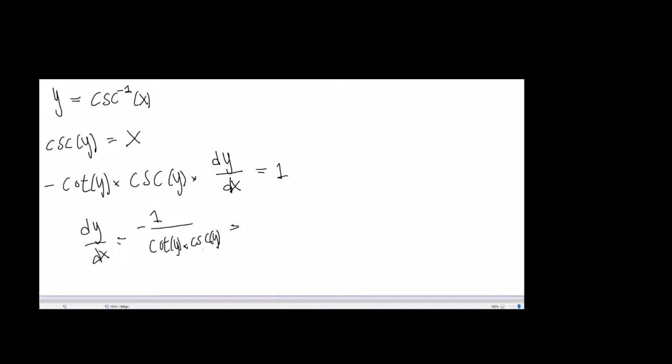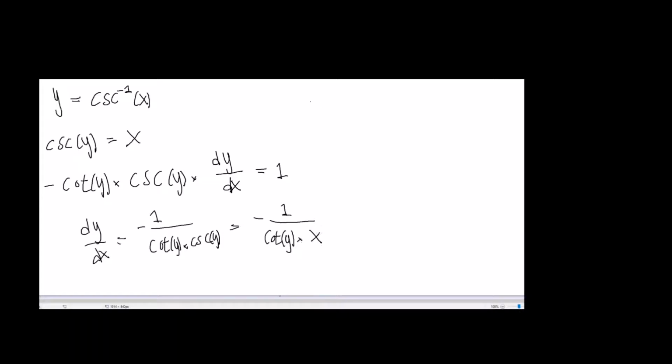And since y is just the inverse of cosecant of x, cosecant of y will of course just be equivalent to x again. Such is the nature of inverse functions. If you have an inverse function of the function, you just get back whatever you plugged inside.